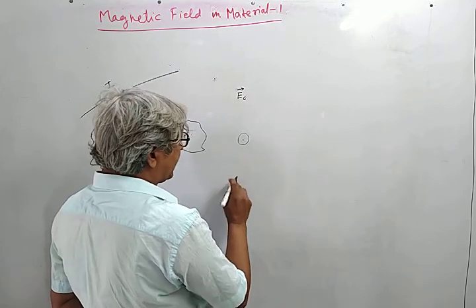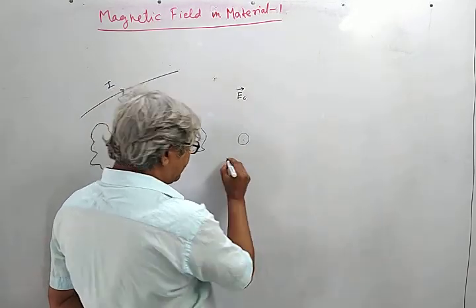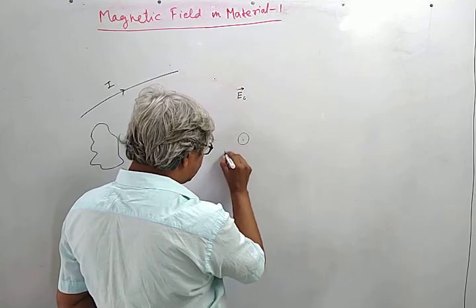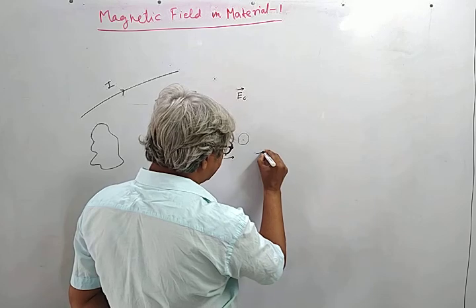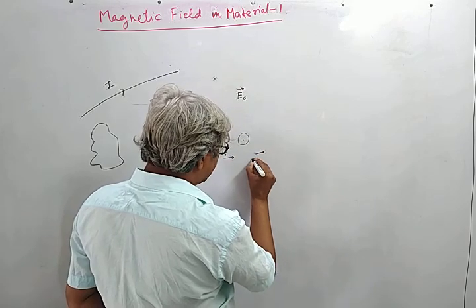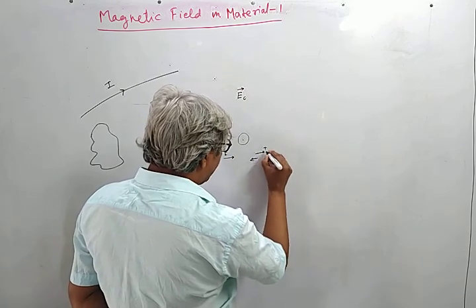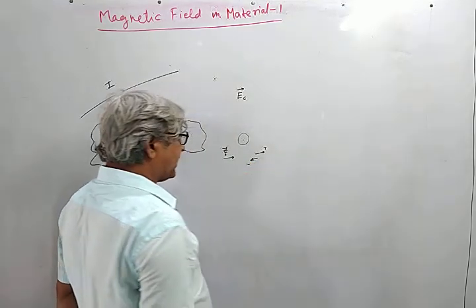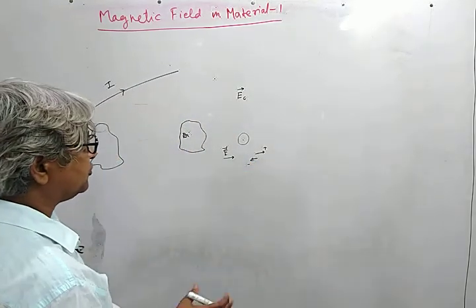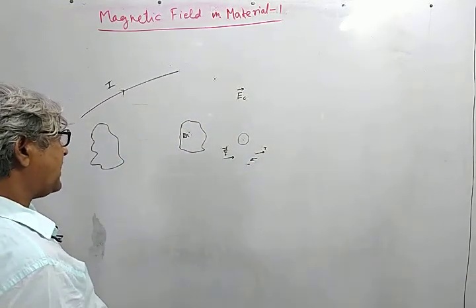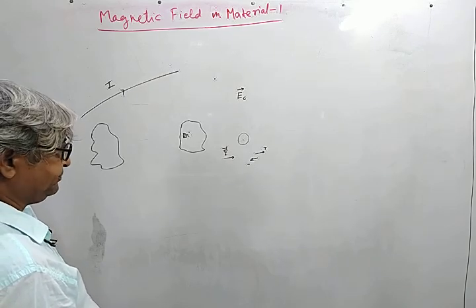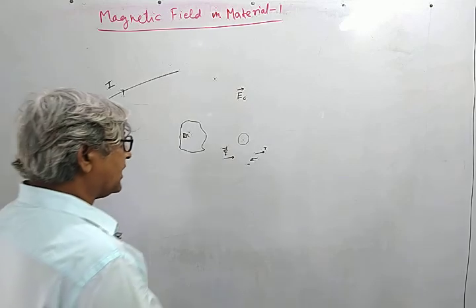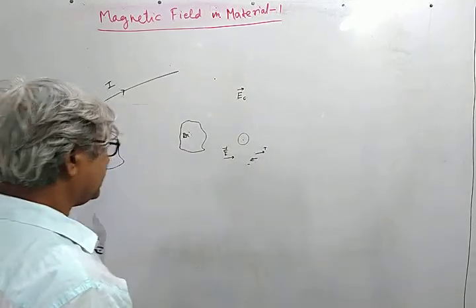But whenever a field is applied in this direction, the center of positive charge moves in the direction of the field, and the center of negative charge moves in opposition to the field, and this charge separation is produced. So an induced dipole is produced due to the charge separation. This is called deformation polarization.